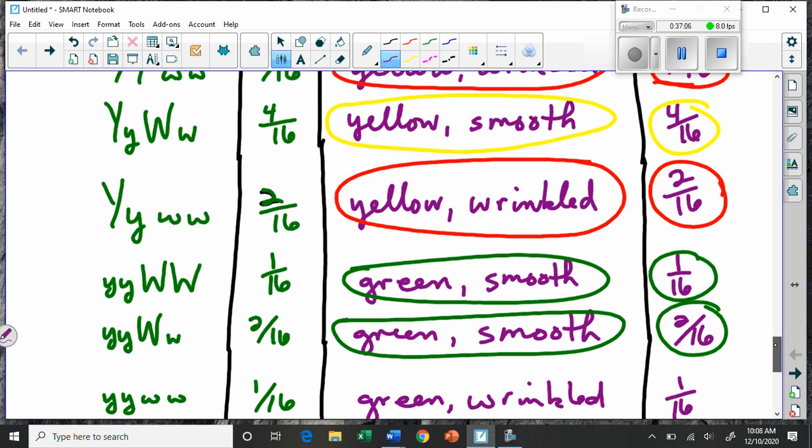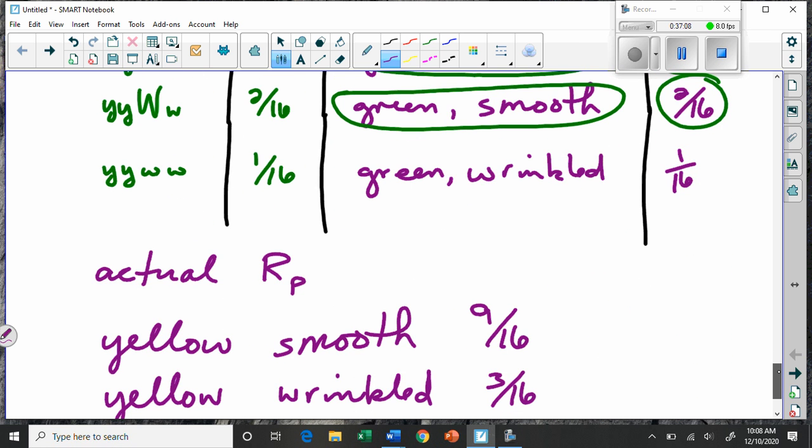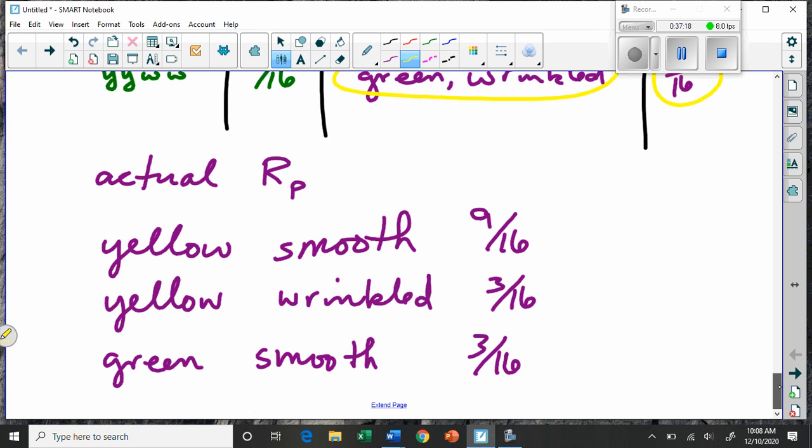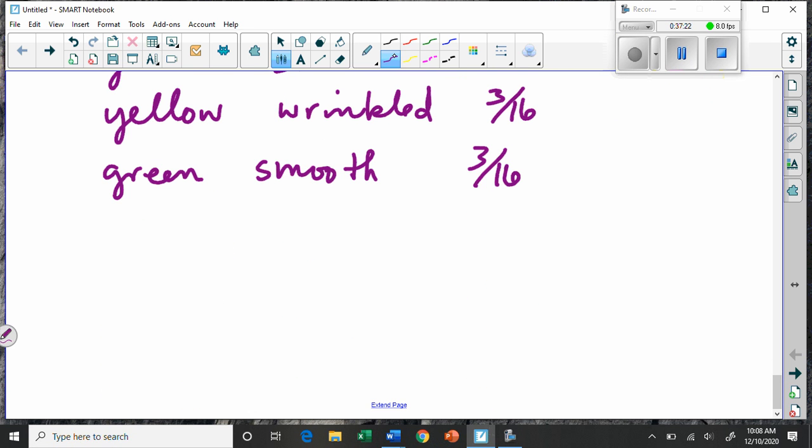And then the only thing left for a phenotype is green and wrinkled, the very last one, and it's down to 1/16. Green and wrinkled, 1 out of 16.